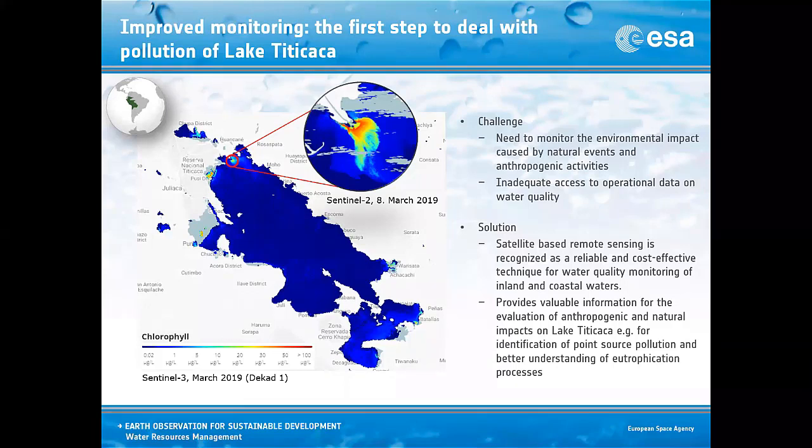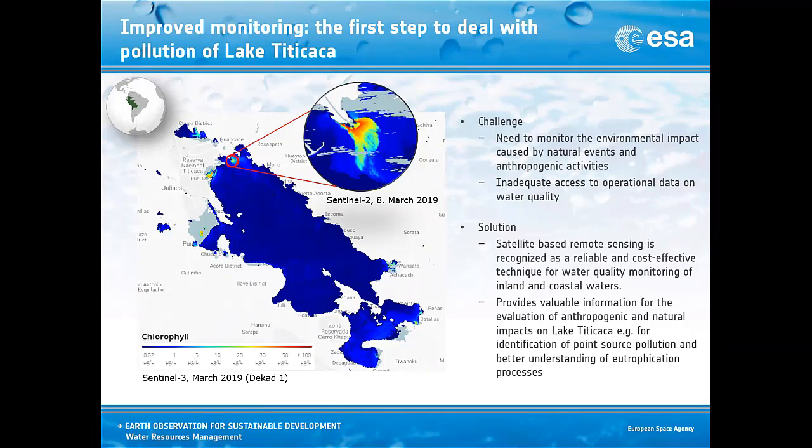Within the EO4SD project, we have worked with national authorities in Peru to provide water quality information for Lake Titicaca, which is needed for the evaluation of ongoing anthropogenic activities, and also, for example, for identification of point source pollution and for better understanding of the eutrophication processes.